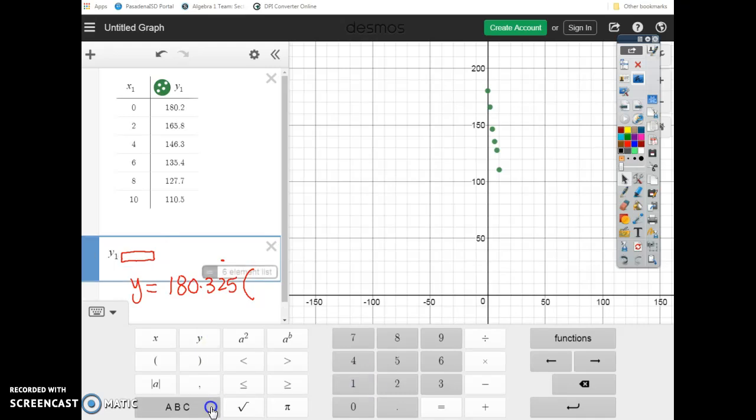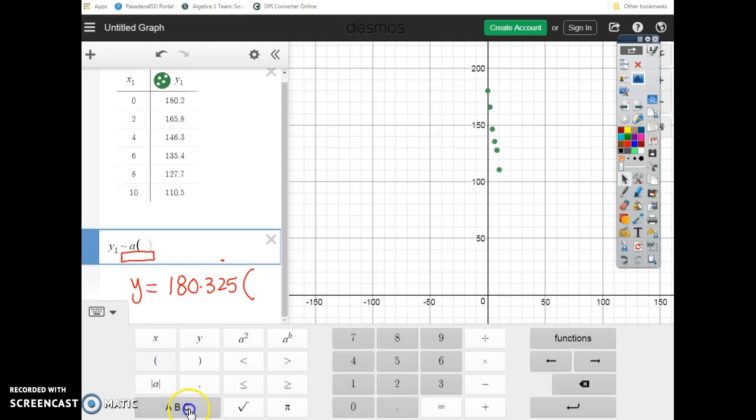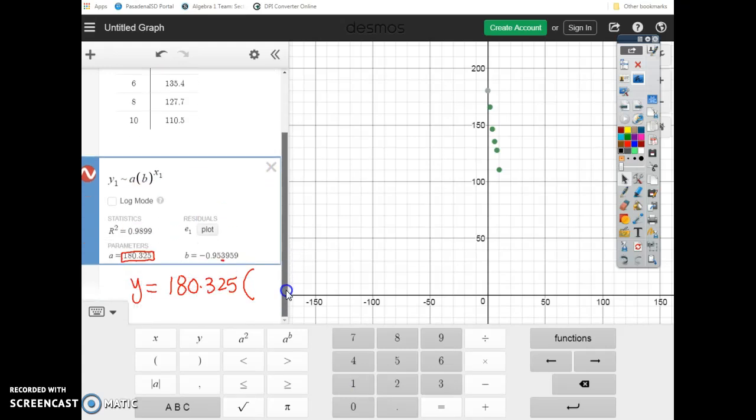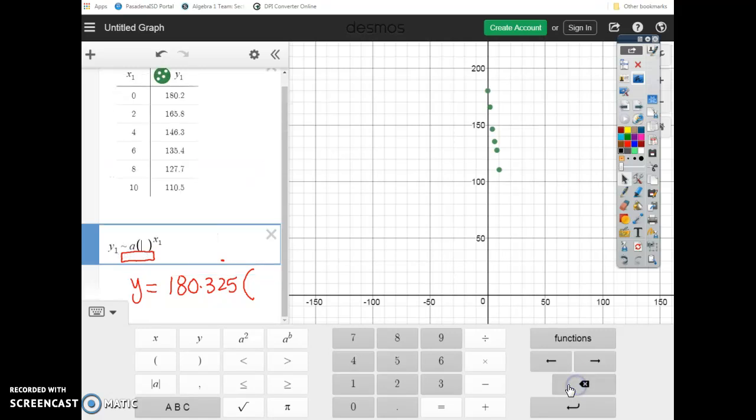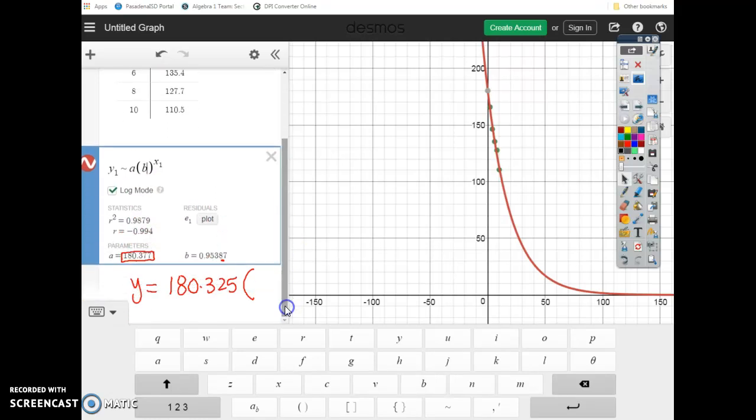Y1 approximately A to the power of B, close parentheses, X1. There. So you just have to keep retyping it or erase the B, put it back on there. The number just has to end up a positive. And if you don't want to keep erasing it, just make sure that when you write it, it's a positive number, not a negative number. Okay, because if not, you're going to get it wrong.